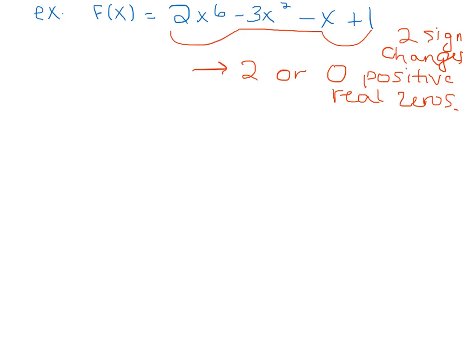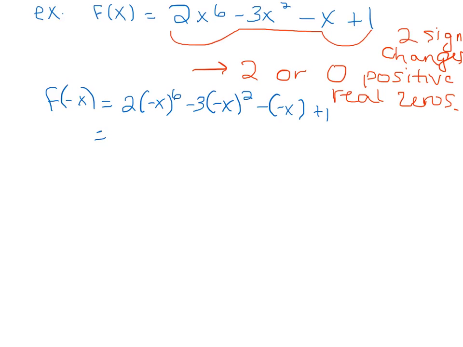If we take a look at f of negative x, meaning we're going to plug in negative x wherever we see an x and then simplify things. So when we go to simplify, a negative raised to an even power makes it positive.